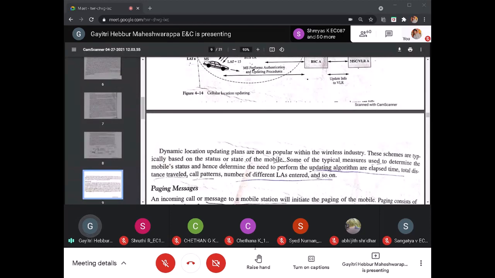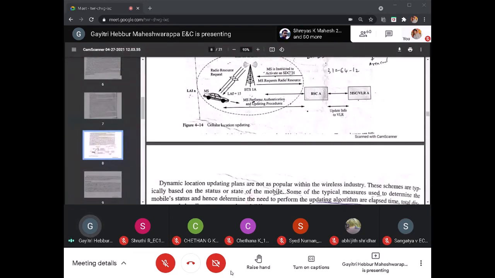So you can see the figure of the location updating scheme, how exactly it works. As we all know, see, this is location area identity number 15, and this belongs to LAI N. So n number of base station controllers are under its control. So a request through the control channel and a response from the control channel.